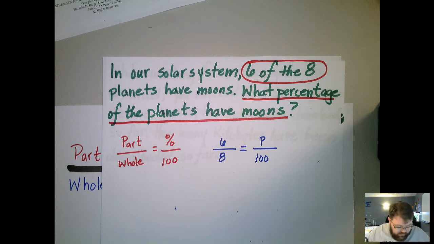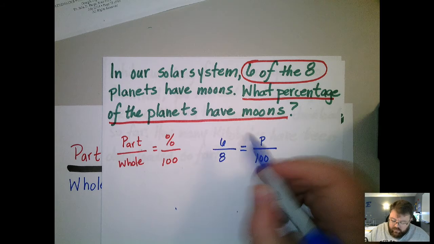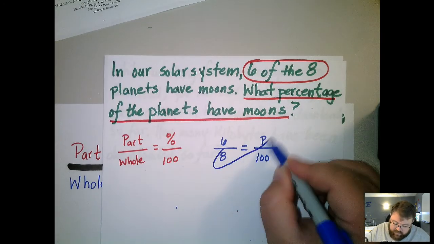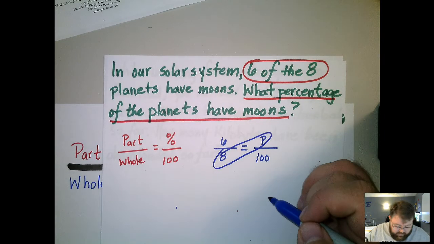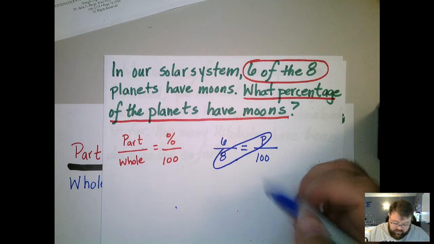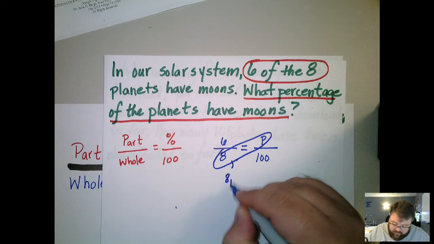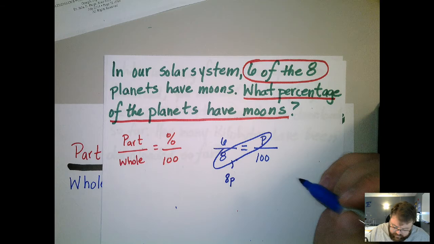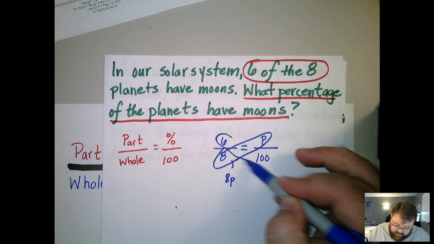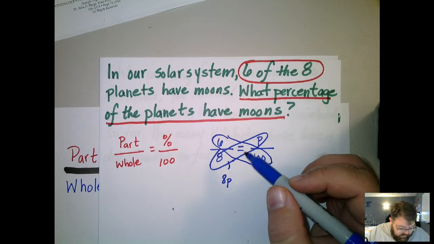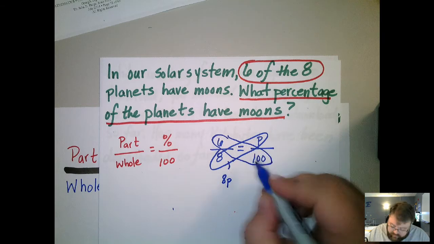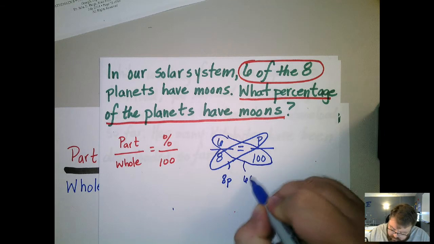So from here, what I want us to do is cross products. 8 times P. Now, 8 times P is simply 8P. And then I'm going to do 6 times 100, and that is going to be 600.